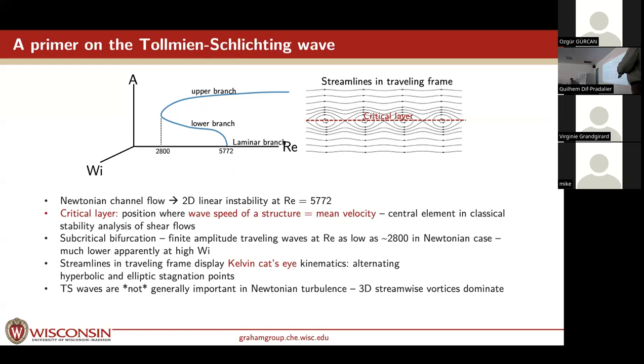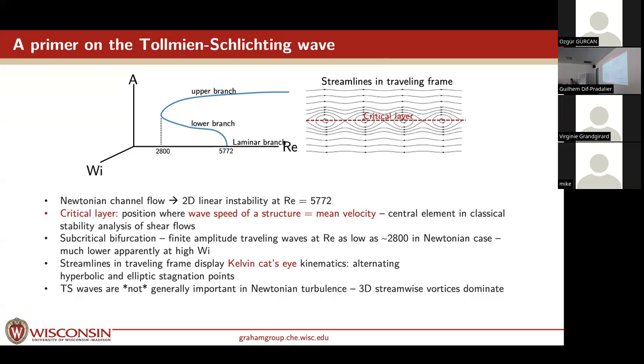What's interesting about the critical layer is the kinematics. There's this familiar Kelvin cat's eye structure, and one thing that's important kinematically about it from the point of view of polymers is that it has hyperbolic stagnation points in the reference frame moving with the mean velocity.